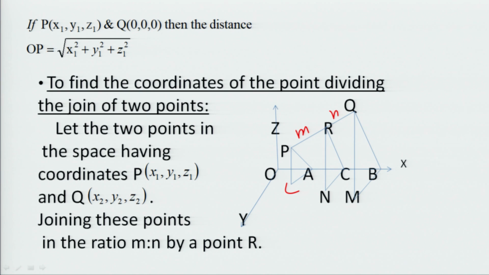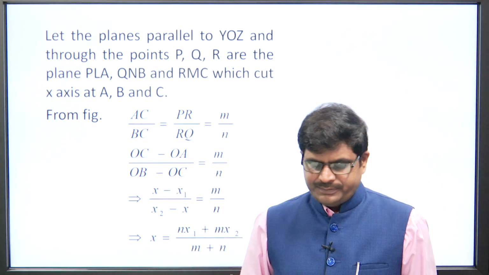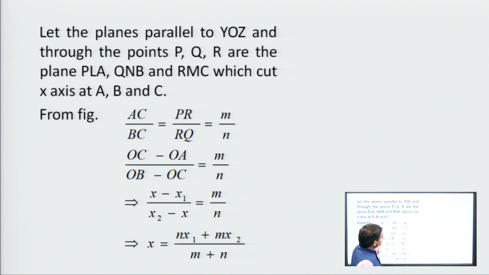In the planes PLA, RNC and QMB, we have by the figure AC upon BC equals PR upon RQ equals m upon n, where (OC minus OA) upon (OB minus OC) equals m upon n.